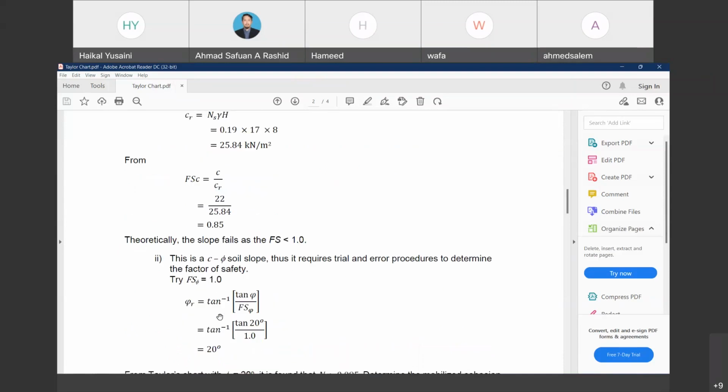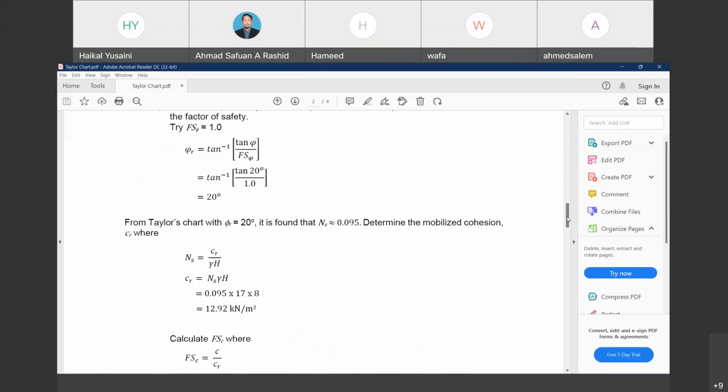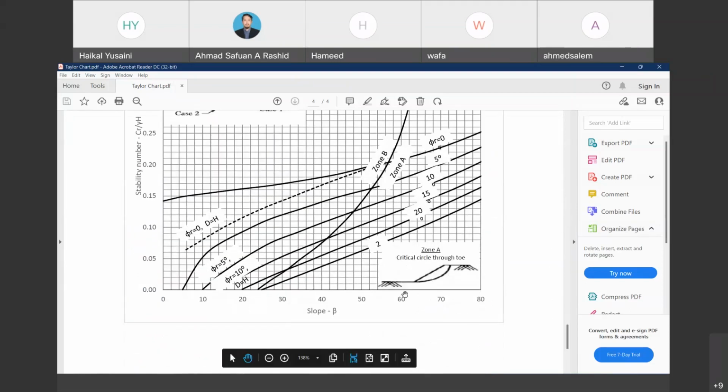Okay, now we look at the second example, where phi is equal to 20. So tangent 20 over 1, the phi is equal to 20. For the phi r, when we look at this graph, the same procedure, until it meets the 20. From this, we may determine the stability number.